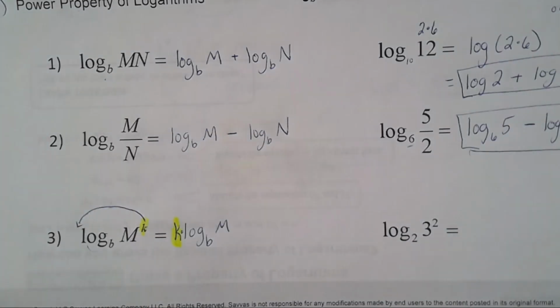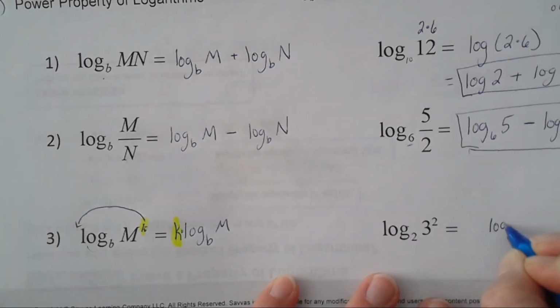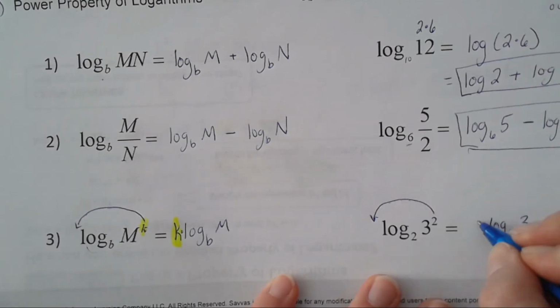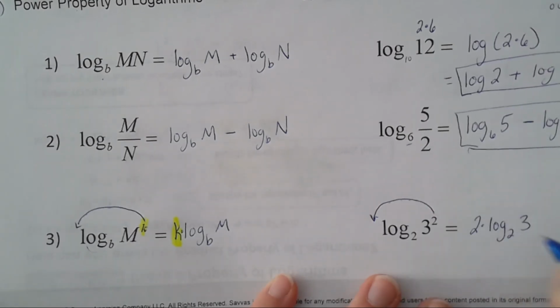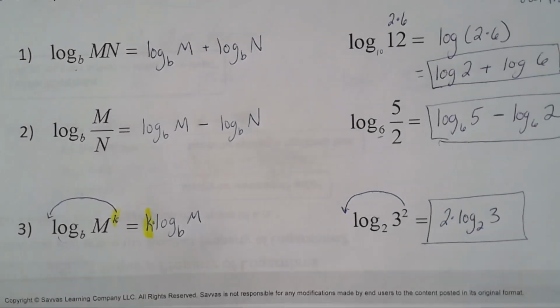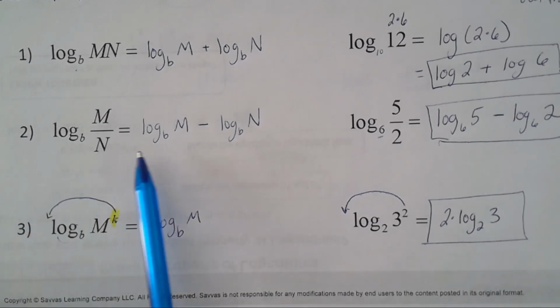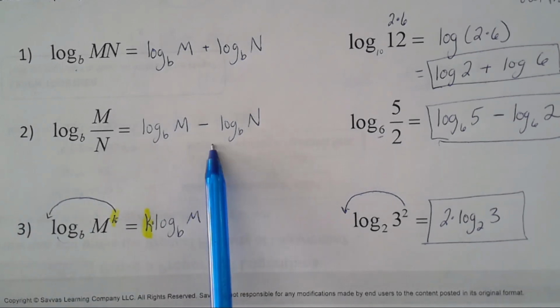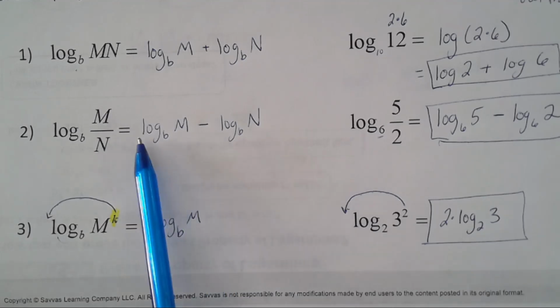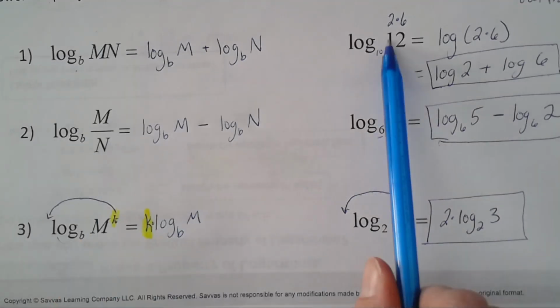So in this case, we would have our log base 2 of 3, but this 2 is going to come out front, and so it's 2 times that value. So this will be the difference between what we call expanding, making these bigger, or we're going to condense these into one number like these. Okay?